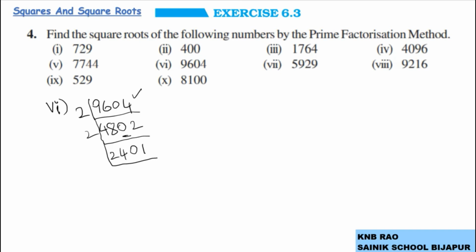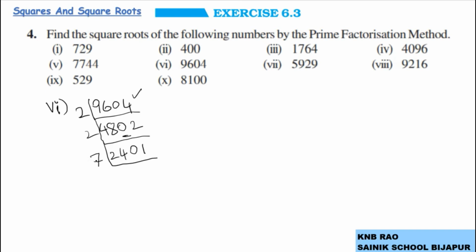And it is not ending with 0 or 5, so not divisible by 5 also. Now we have checked it is not divisible by 2 or 3 or 5. Then the next prime number we have to take, which is the next prime number? 7.